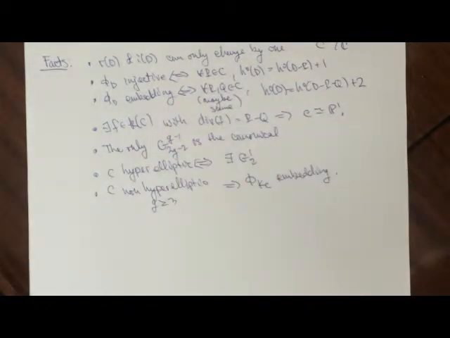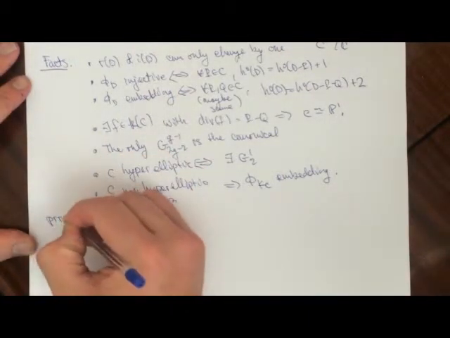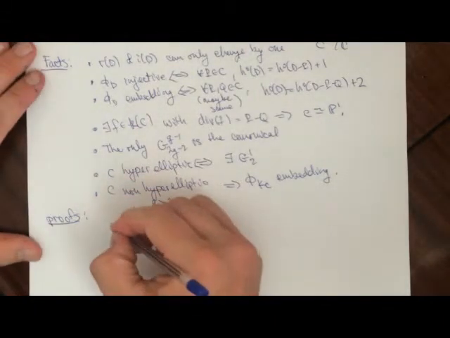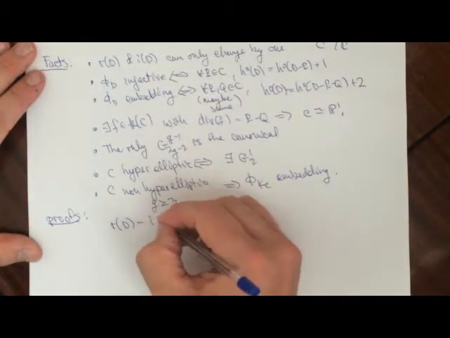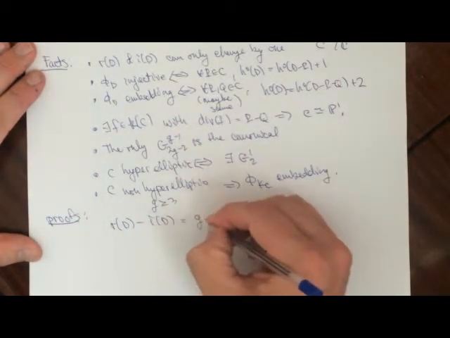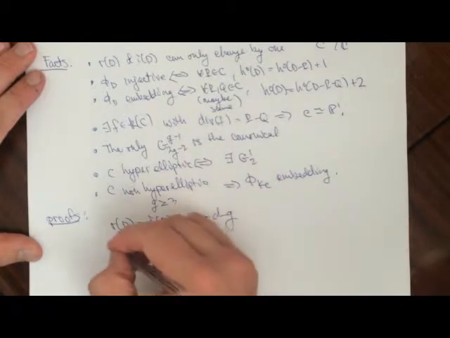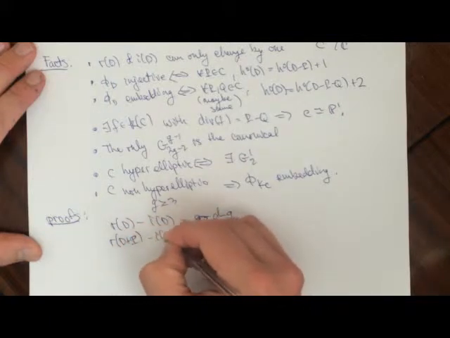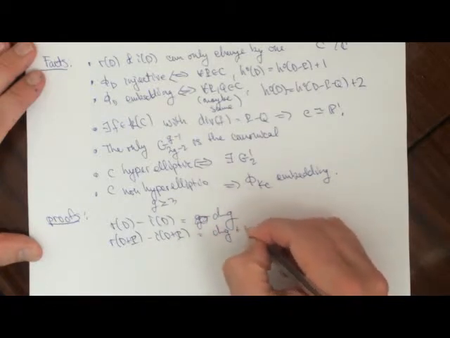Okay, so proofs. The idea is that for the first thing, i(D) is equal to r(D) minus d plus g minus 1, where d is the degree of the divisor and g is the genus. Then r(D+P) minus i(D+P) is equal to d plus 1 minus g plus 1.